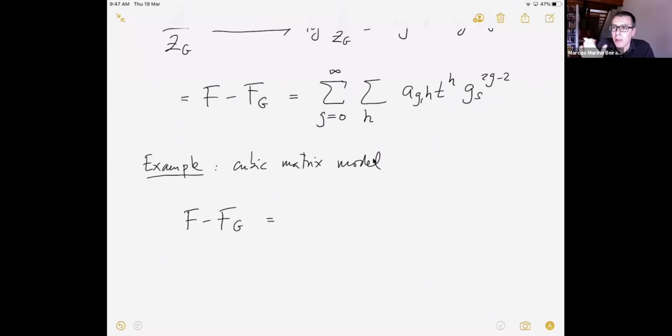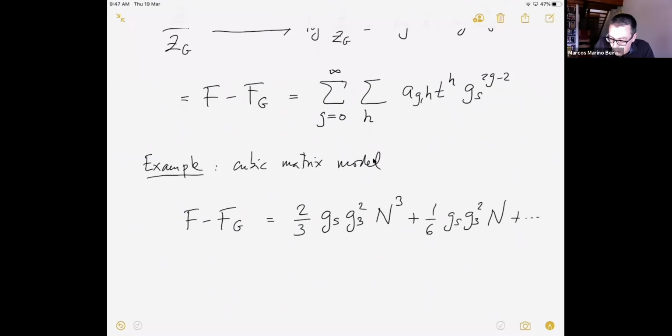Because it comes from these three types of diagrams. And then if you write it in detail, you put all the factors together that I wrote there. You will have 2/3 g_3 squared times n cubed plus 1/6 over g_s, g_3 squared times n.